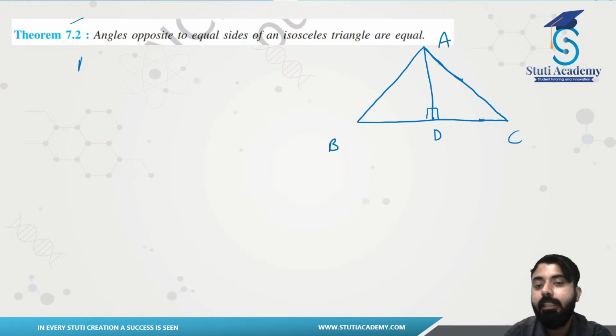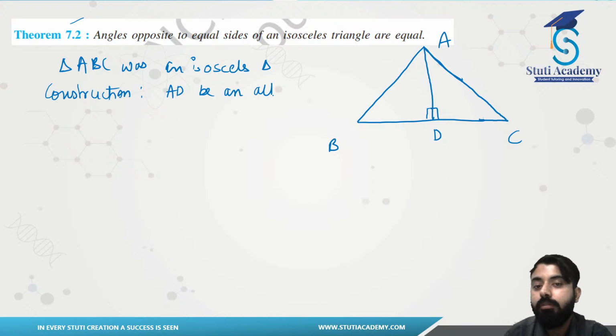So we did what? We had a triangle ABC. Triangle ABC was an isosceles triangle. We did construction. We constructed AD, an altitude.